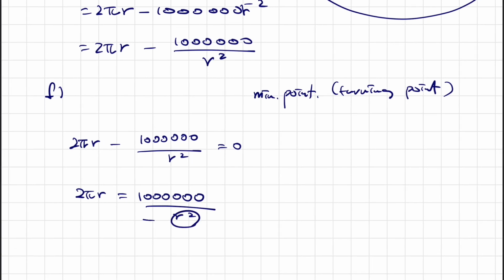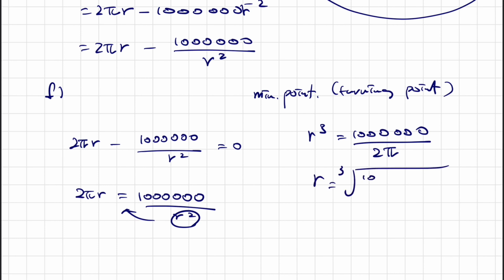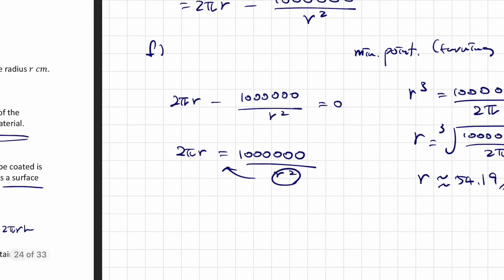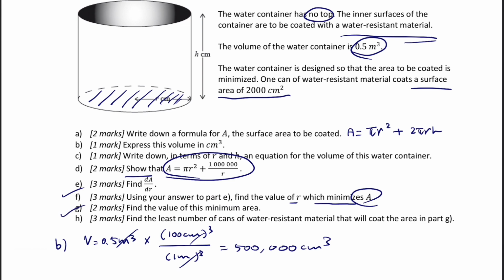I can move r squared to the other side, and this becomes r cubed equals the value over 2 pi. Then r is the cube root of that, so r is approximately 54.19.